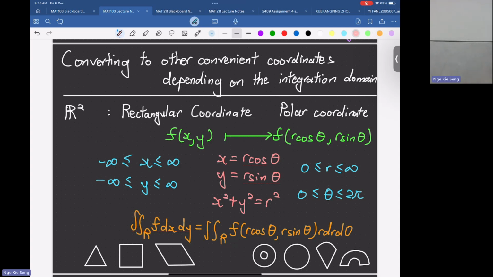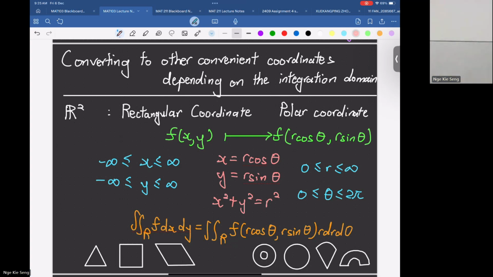Actually, a circle is a constant function in polar coordinates. You just set your radius to be some real number, and that real number is the radius of your circle. It's a constant function. So polar coordinates make some functions become easy.